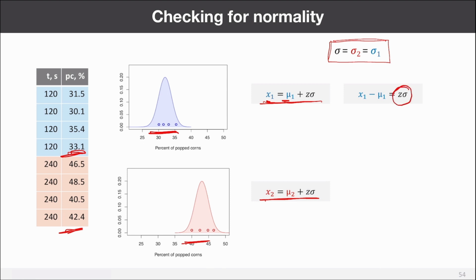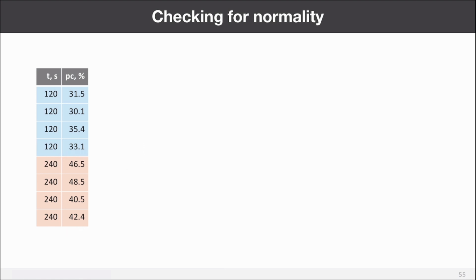Then this difference will be normally distributed with standard deviation equal to sigma and average equal to 0. And this difference will also be normally distributed with standard deviation equal to sigma and average 0. So it means that if you consider not the values, but the difference between values and their mean, you can treat them as coming from the same population. And that's the trick we can make.